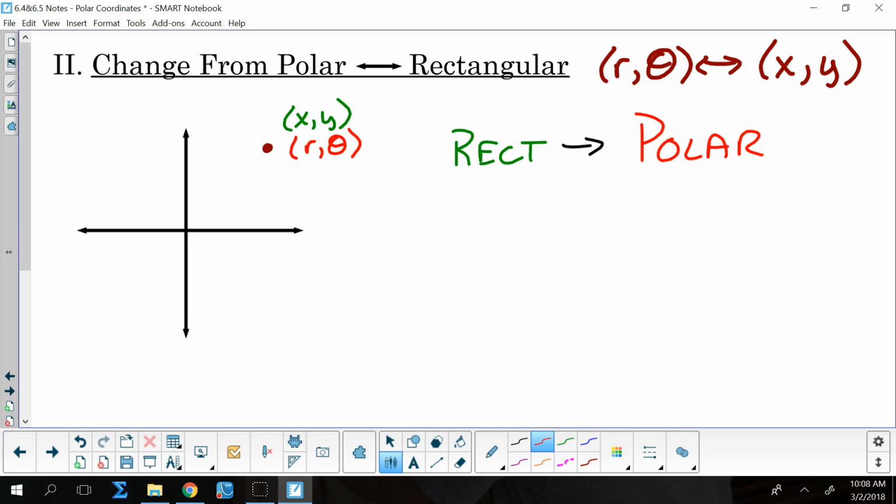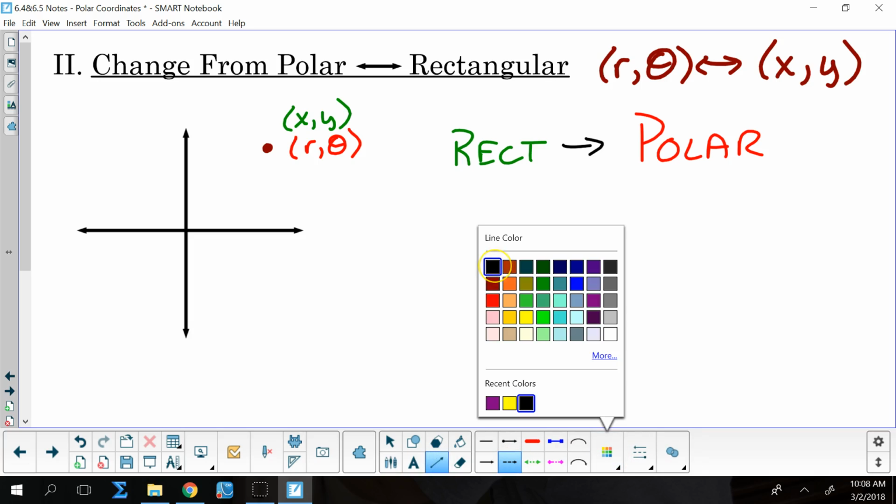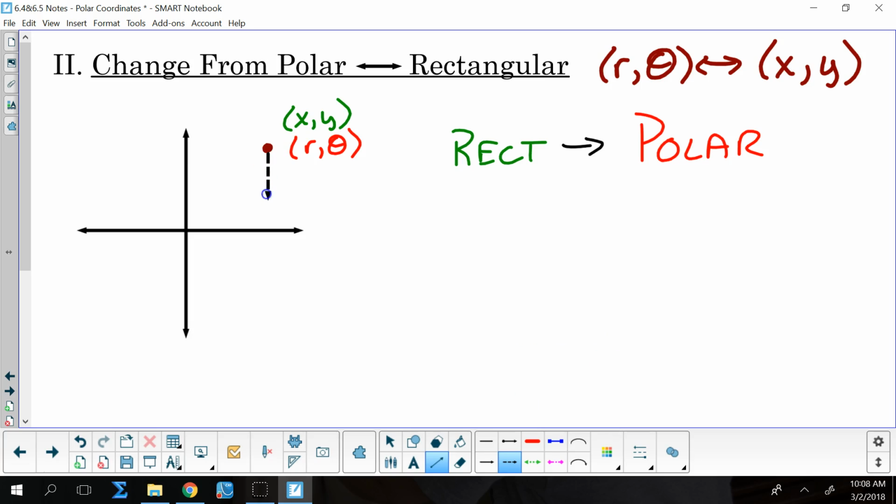So I could make a triangle out of it, right? And then this is my x, and that is my y. So then you're saying that I can do a Pythagorean theorem action on it.